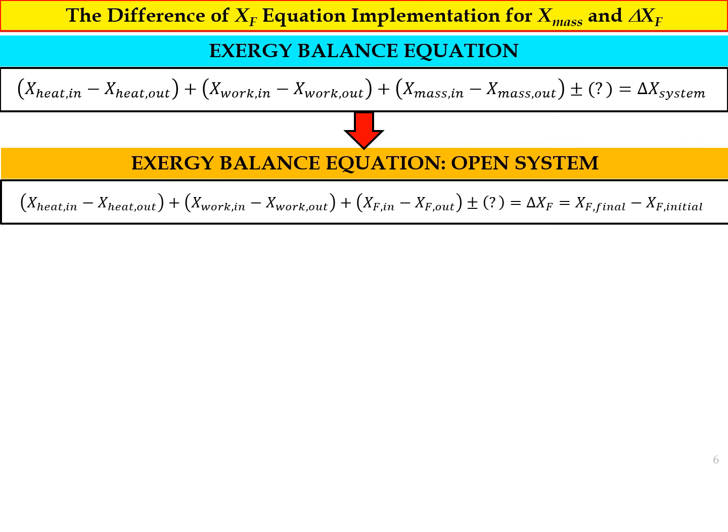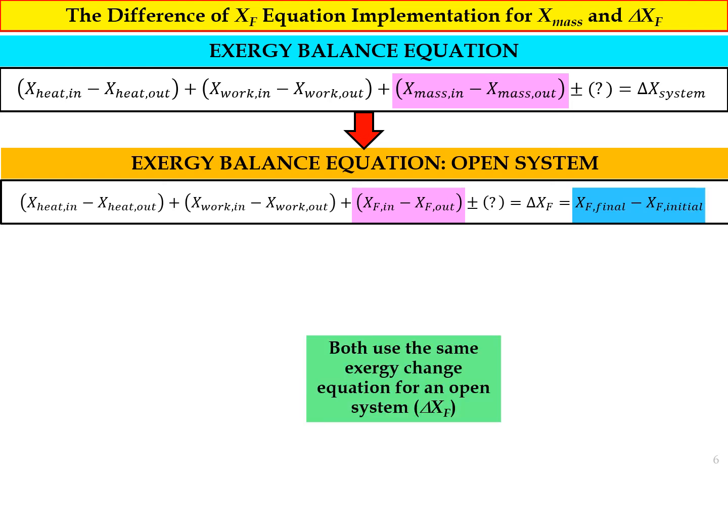And for the delta Xf, we are also using the same symbol, Xf, but it has a final and also an Xf initial. So if you look at this closely, one Xf is for mass, and the other Xf is for the change of the system. Both use the same symbol, Xf.